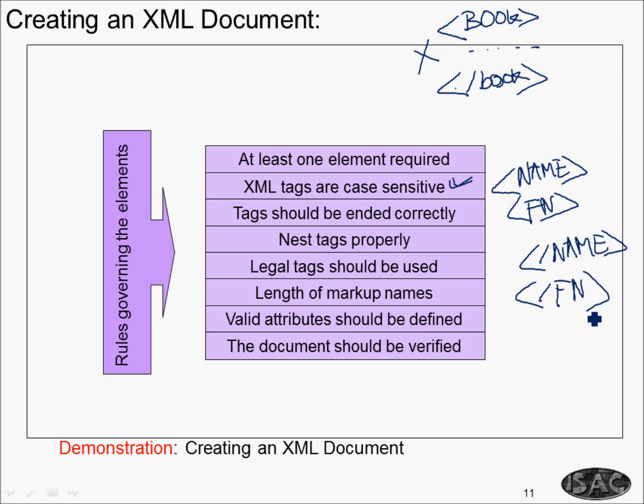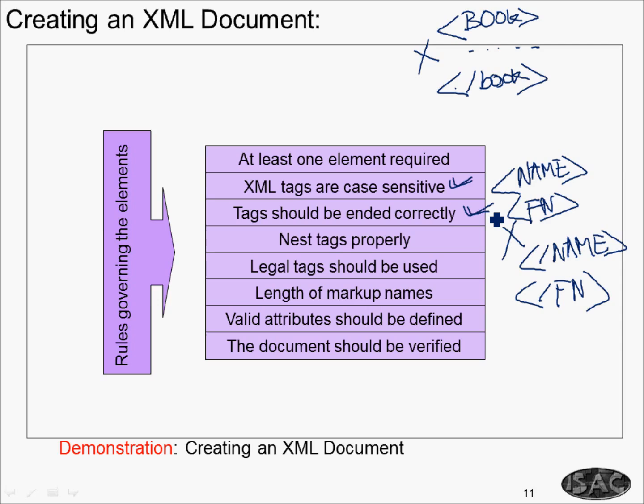This is called not closing the tags properly, because fn should be closed before name, because name includes fn. So this is also not the right way to do it. That's what it says: tags should be ended correctly. Nest the tags properly. If you want to put a tag inside a tag inside a tag, be careful that you are opening and closing the tags properly.